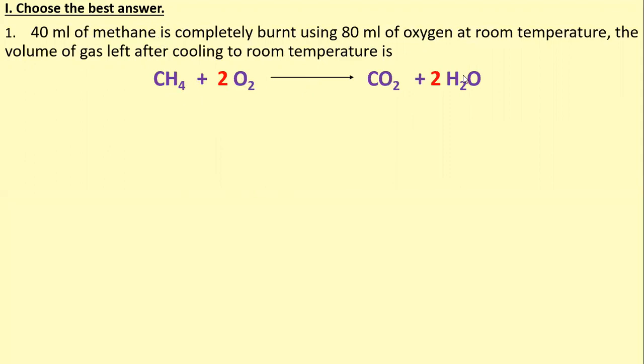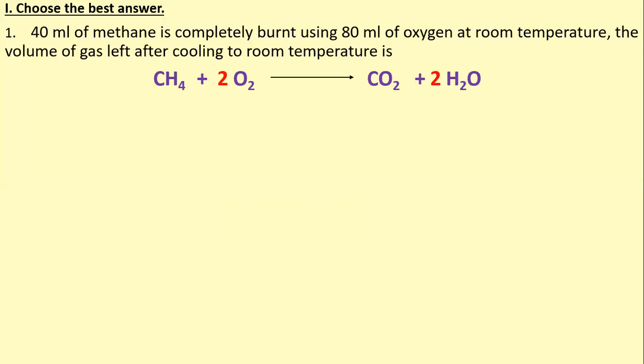First of all, we have to balance the reaction. Here I have mentioned it in red color. The hydrogen on the reactant side is 4. The same we have to balance on the product side also. Here 2 hydrogen. Suppose I multiply it with 2, then I will get 4. So on both the reactant side and the product side, the hydrogen gets balanced.